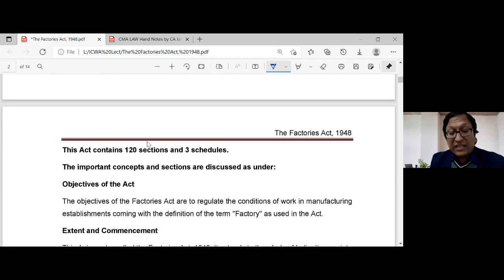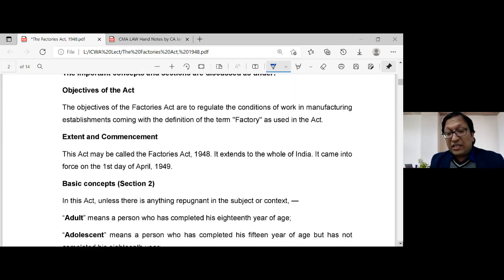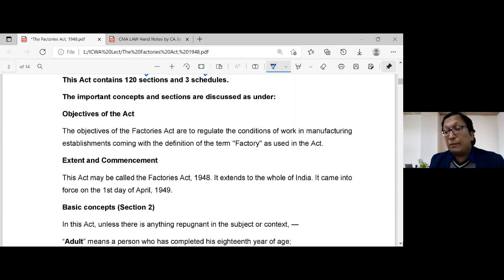It's a big act. It has 120 sections and 3 schedules attached to it. In today's session, we are discussing the main concepts relating to the Factories Act 1948. What is the object of this act?